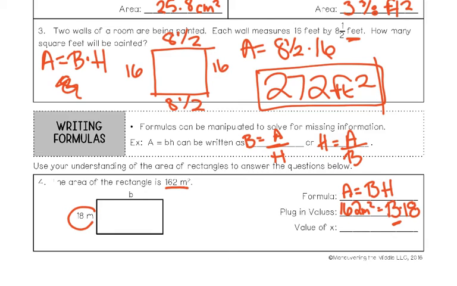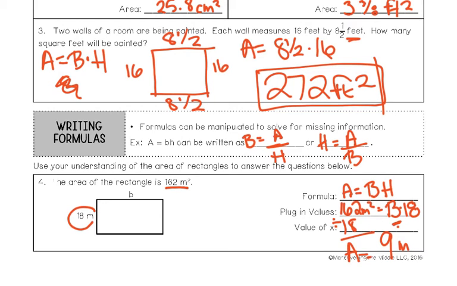You guys should be really thankful for Mr. C doing this online, because this is hard to do. So you're going to divide by 18, and then you will get your answer, which is 9 meters. So base equals 9 meters.